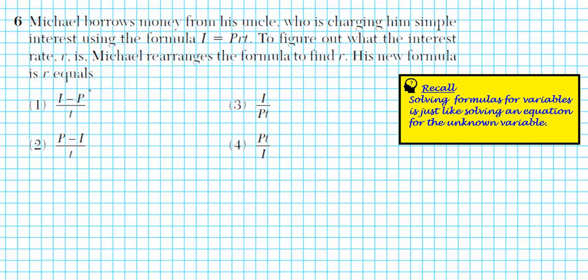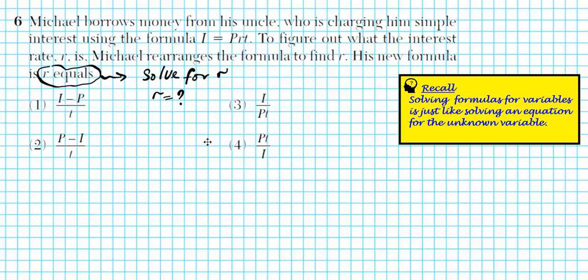Now, what is this problem asking us to do? It says in his new formula, R equals. When you have R equals, what they're asking us to do is basically solve for R, or get R isolated so you have R equals something. That's what this problem is asking us to do.